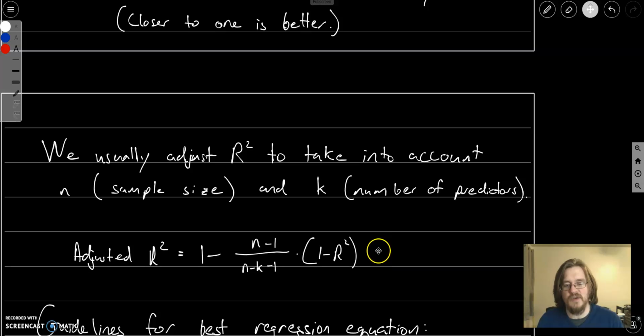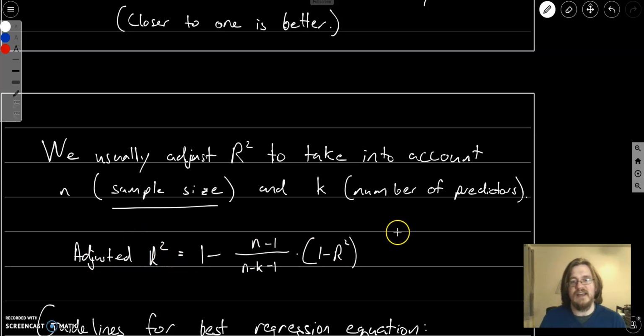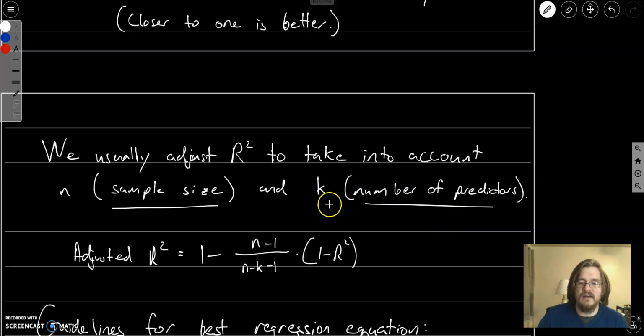using this equation. Again, we'll use technology to compute our adjusted R squared. But essentially what this does is it takes into account how big of a sample we are taking. The bigger the sample, the better the adjusted R squared is at telling us useful information. And with k, the number of predictors is the number of independent variables.